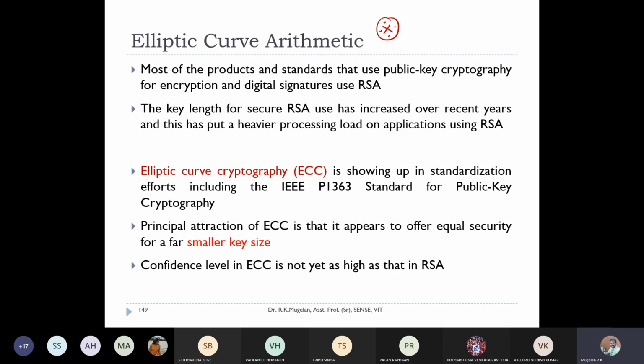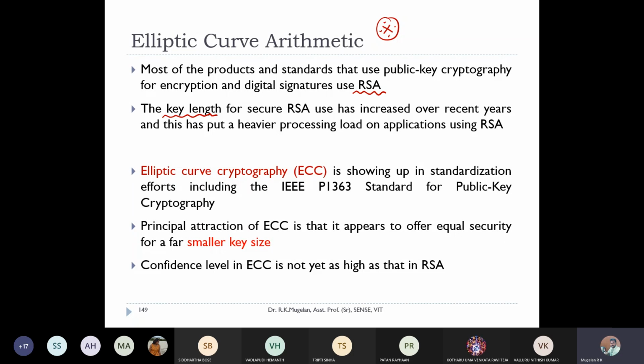Most public key cryptography techniques, like the RSA algorithm, have one major disadvantage, which is key length. The key length is very high, making the load on the entire system heavy.